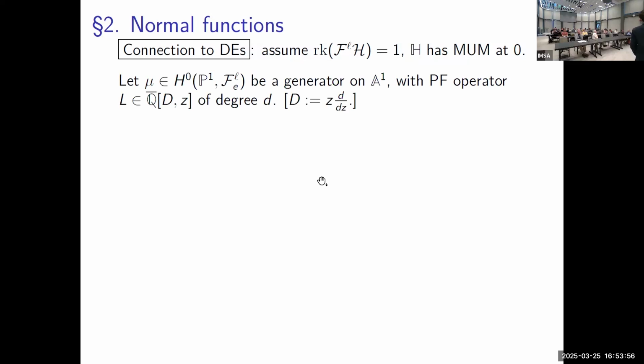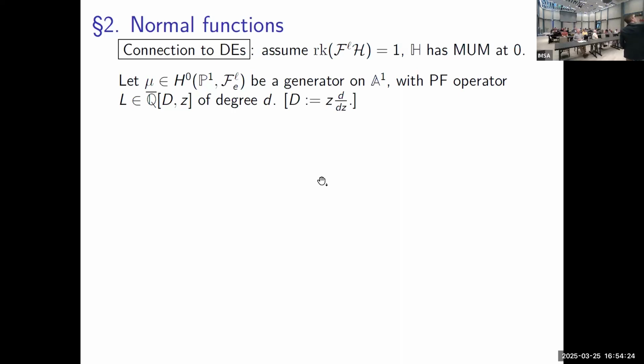Now I take a section over all of P1 of the Deligne extended Hodge line, and take that section to be a generator on A1. In other words, away from infinity. So the divisor of this section is all bunched up at infinity. This is just my way of normalizing. And then take L to be its Picard-Fuchs operator. Okay. Obviously, that's not polynomials in D and Z because they don't commute.